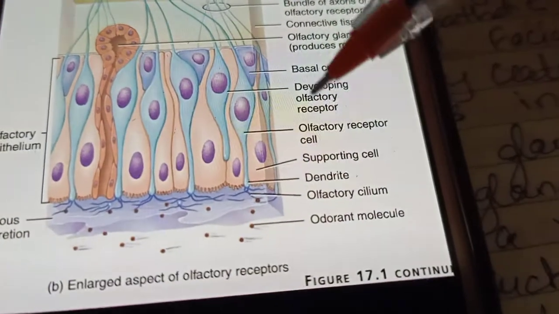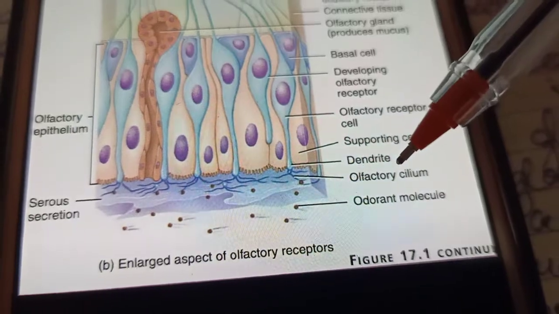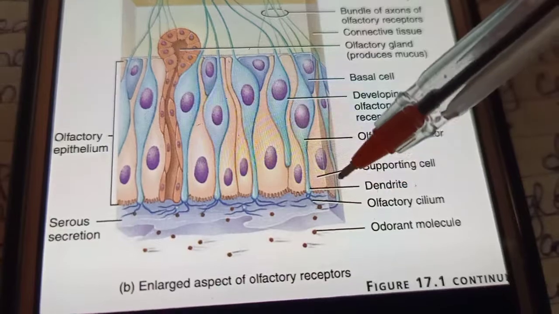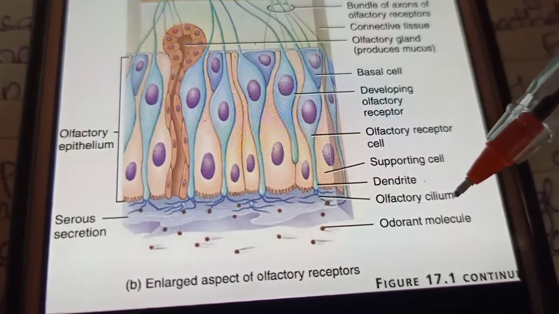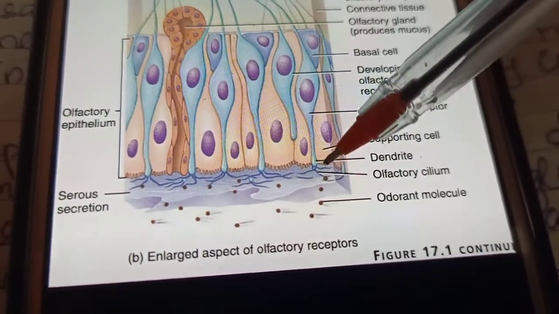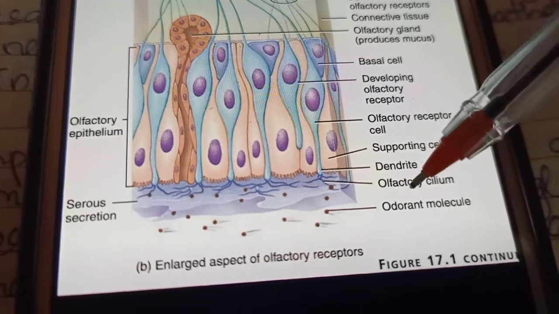So the chemicals that bind with the olfactory receptors present in the olfactory cilium are known as odorant molecules.